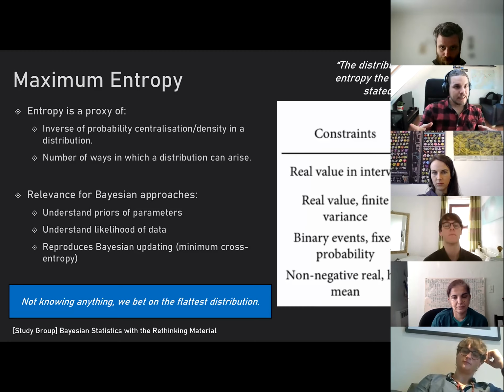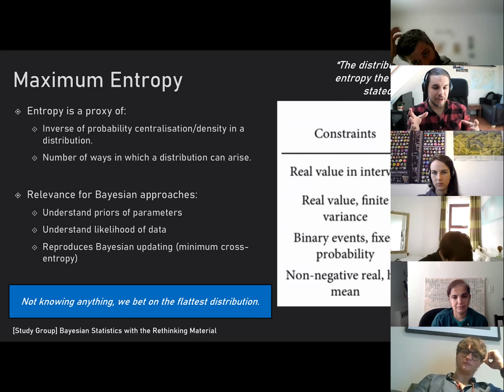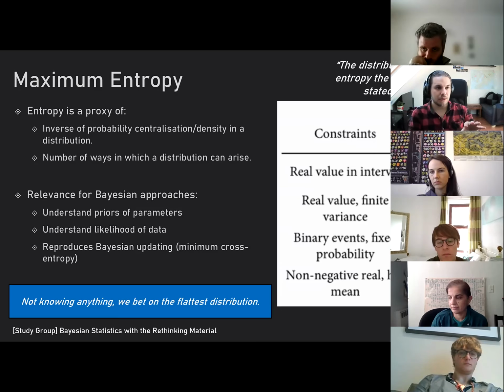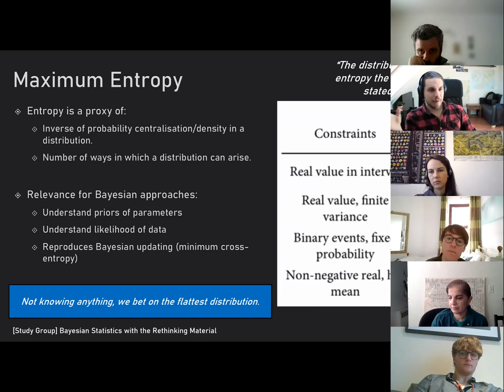So when picking entropy distributions for certain outcomes, and we'll get to that in more detail when I talk about generalized linear models today, when we have certain constraints or assumptions about our outcomes, certain maximum entropy or max ent distributions arise.